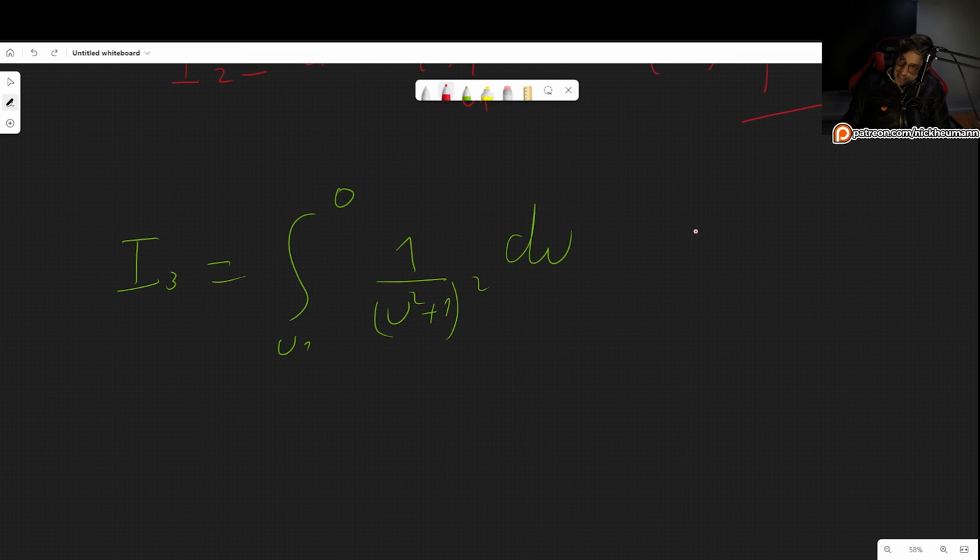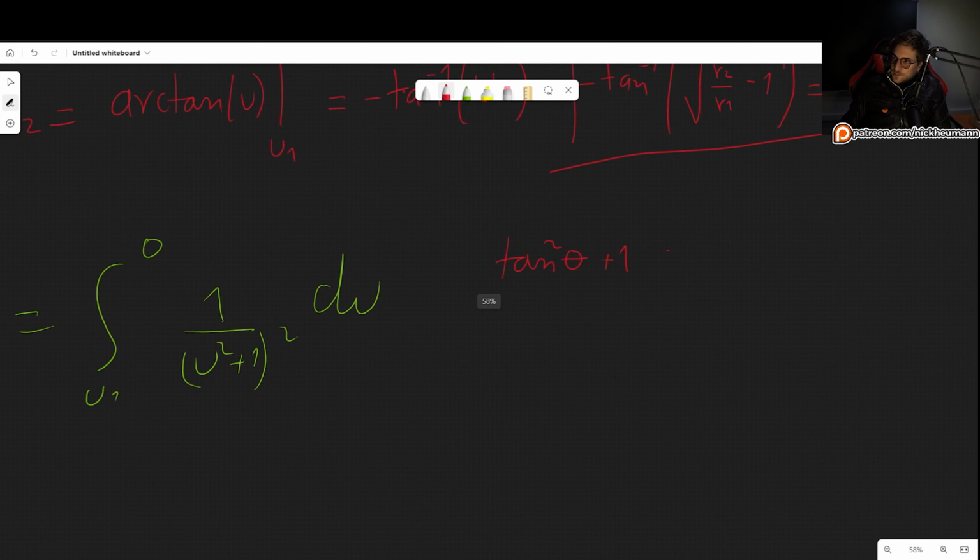And the answer is to remember that tangent squared of some angle theta plus 1, what is this? So I'm going to just show it. This is sine squared of theta over cosine squared of theta plus 1. We can take common denominators, so we get sine squared plus cosine squared, and that is, of course, 1.